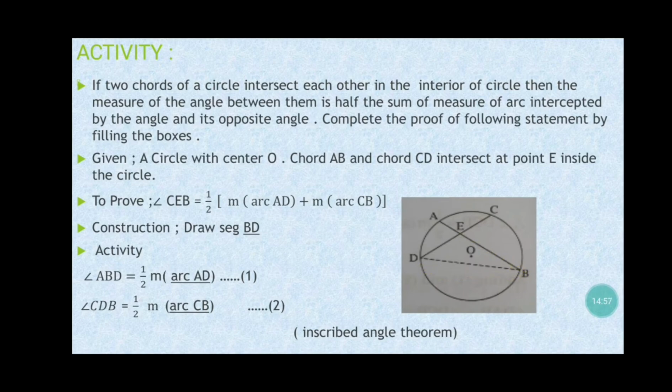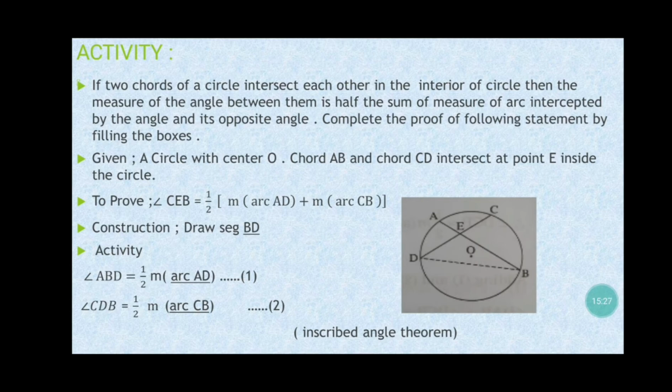But what is angle EDB in terms of arc? It is half measure arc CB. What is angle EBD in terms of arc? It is half measure arc AD. So what do we come to the conclusion? That angle CEB is equal to half measure arc CB plus half measure arc AD.